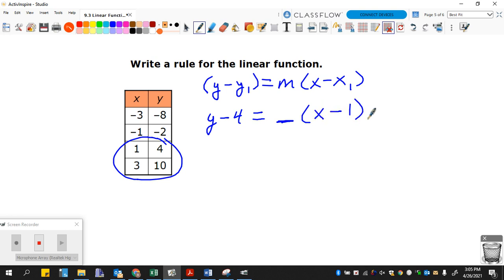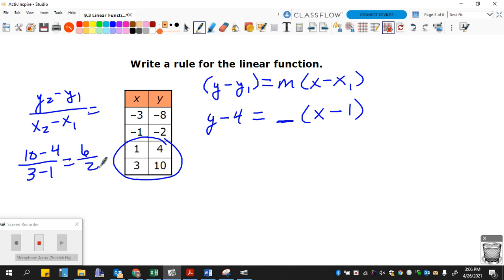To find m, remember, slope is y2 minus y1 over x2 minus x1. That gives me 10 minus 4 over 3 minus 1. 10 minus 4 is 6 over 3 minus 1 is 2, which reduces down to 3. So this would be y minus 4 is equal to 3 times x minus 1.